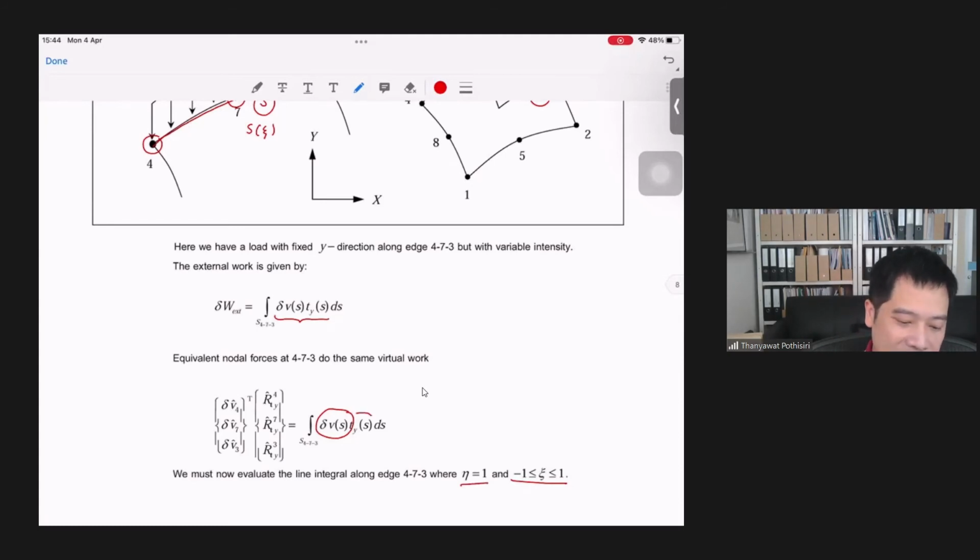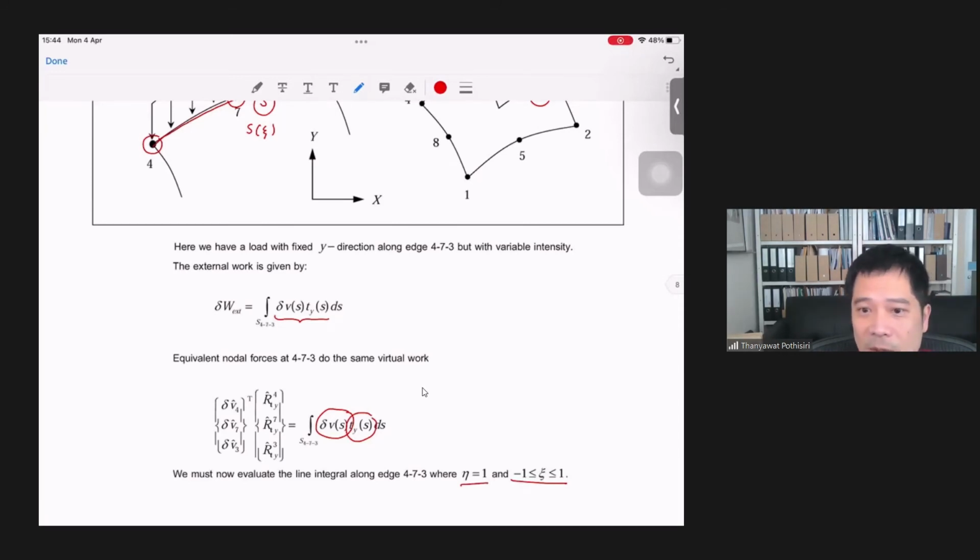And then you have the traction acting in y direction. If you happen to know a certain function representing this traction in y direction, you can just plug it into this equation right here.